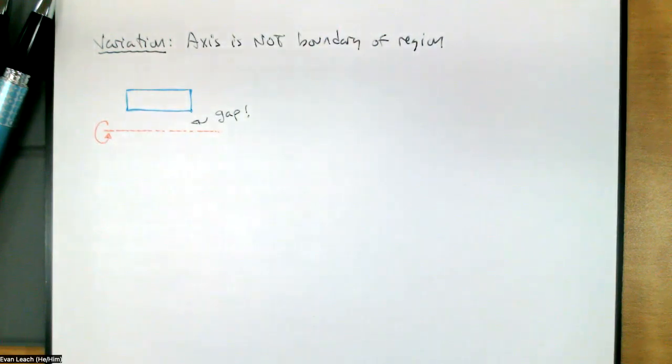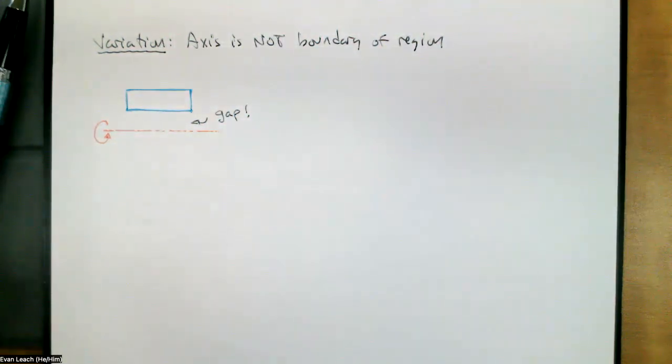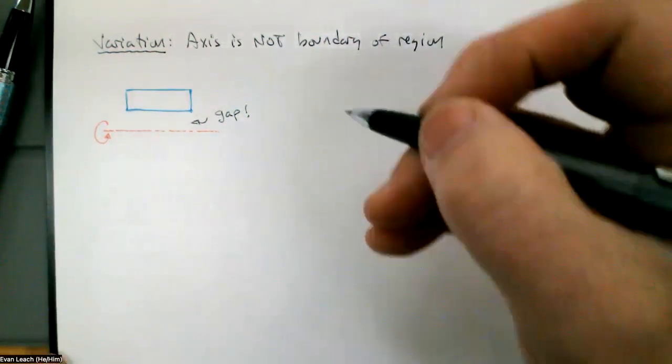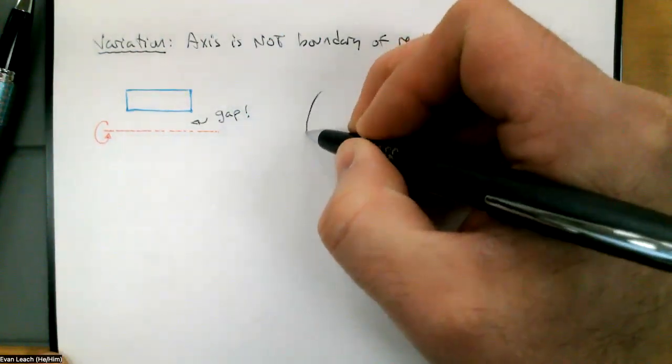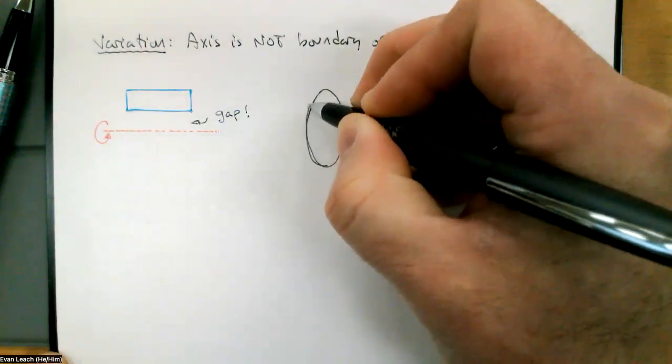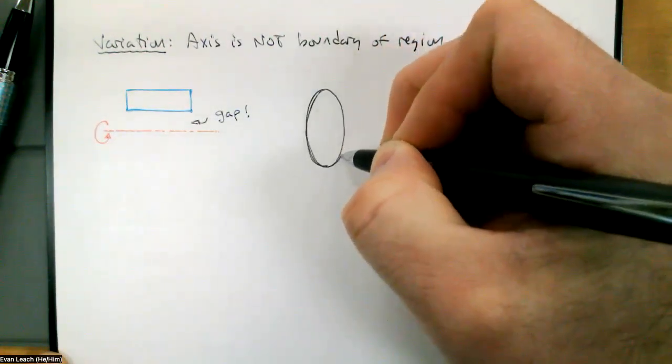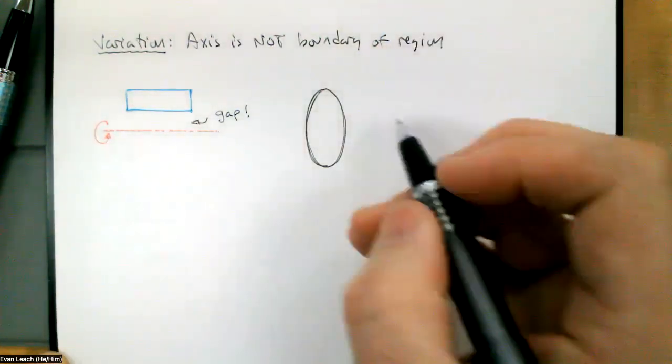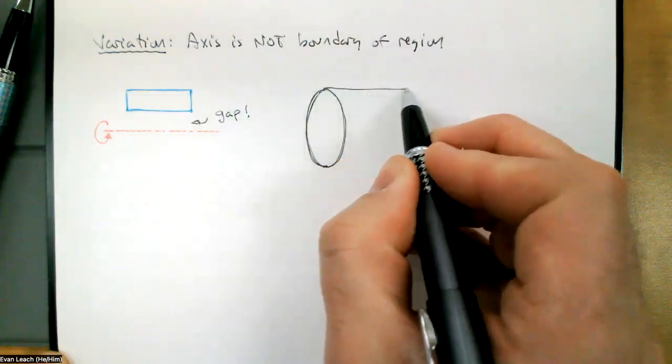So what will happen here, we'll rotate the region around. When we rotate the region around, we're still going to get a solid of revolution, but it's going to have a hole through the center of it. So we'll not just get a cylinder. We'll get a cylinder with a cylindrical hole in it.